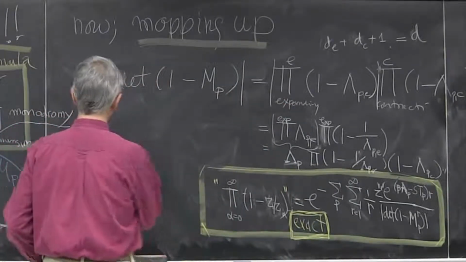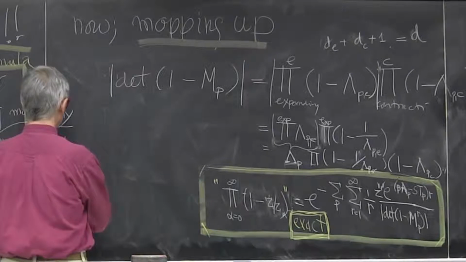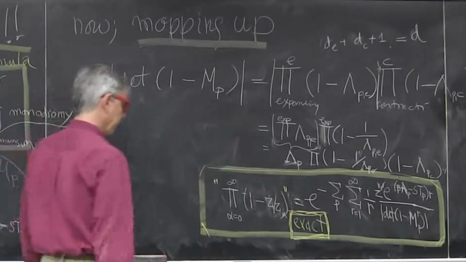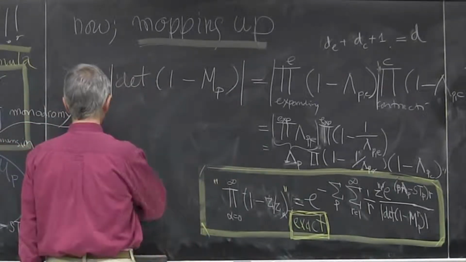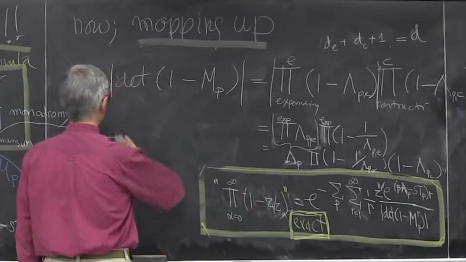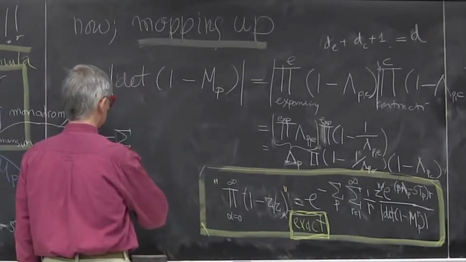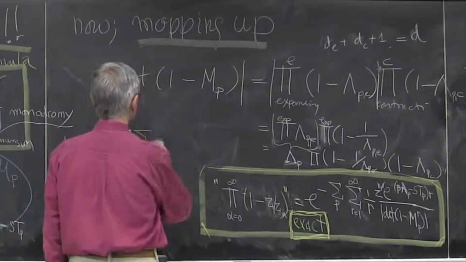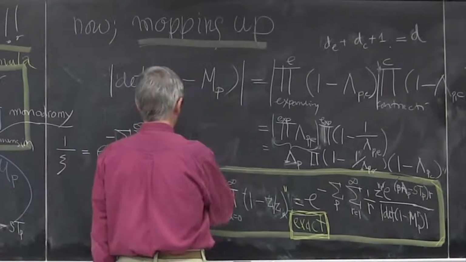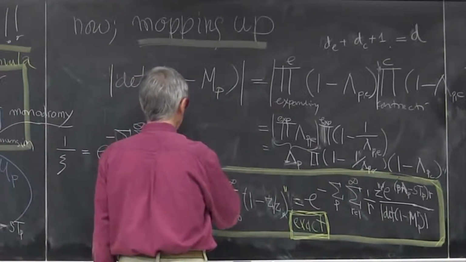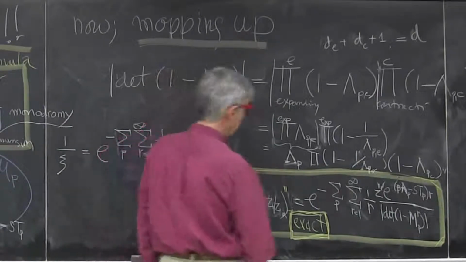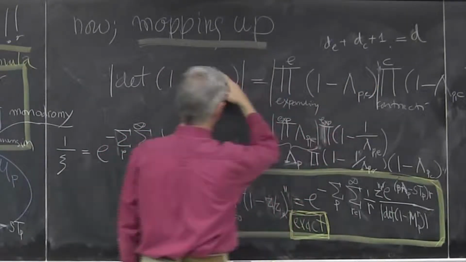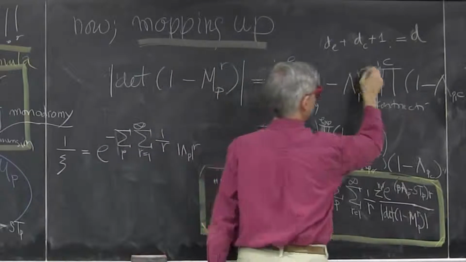And then what happens, and now I'll use a different letter. You get a formula that says this is e to the minus sum over periodic orbits of lambda_p to the power r, because all the eigenvalues get raised to the power r if I put r's here.